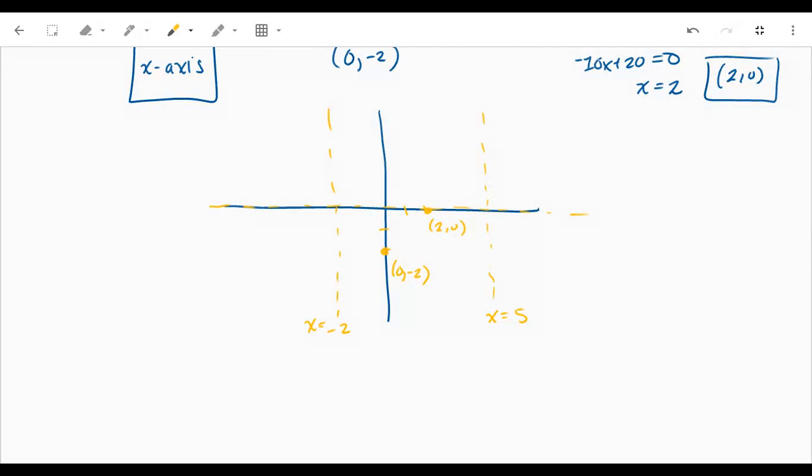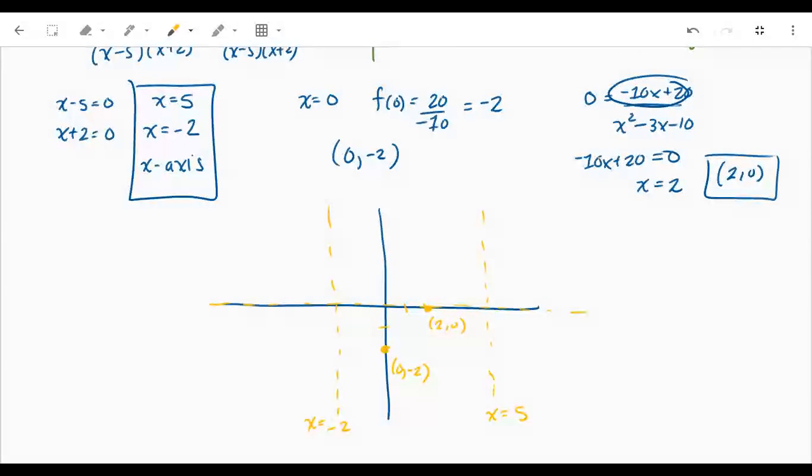Now we're going to want to find some more points. That's not enough for us to get a good graph here. So we need to know what else is going on.